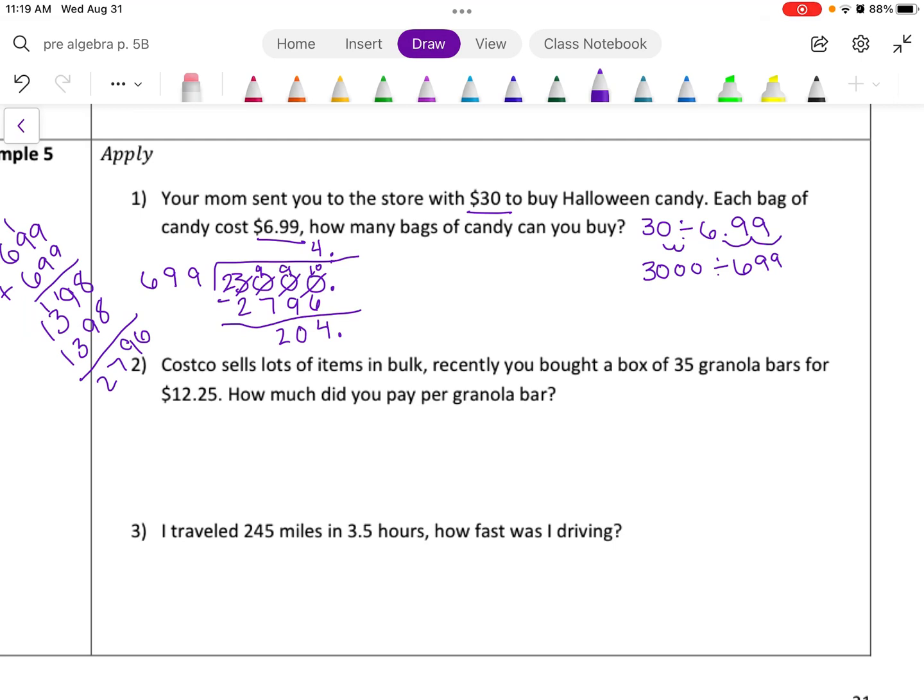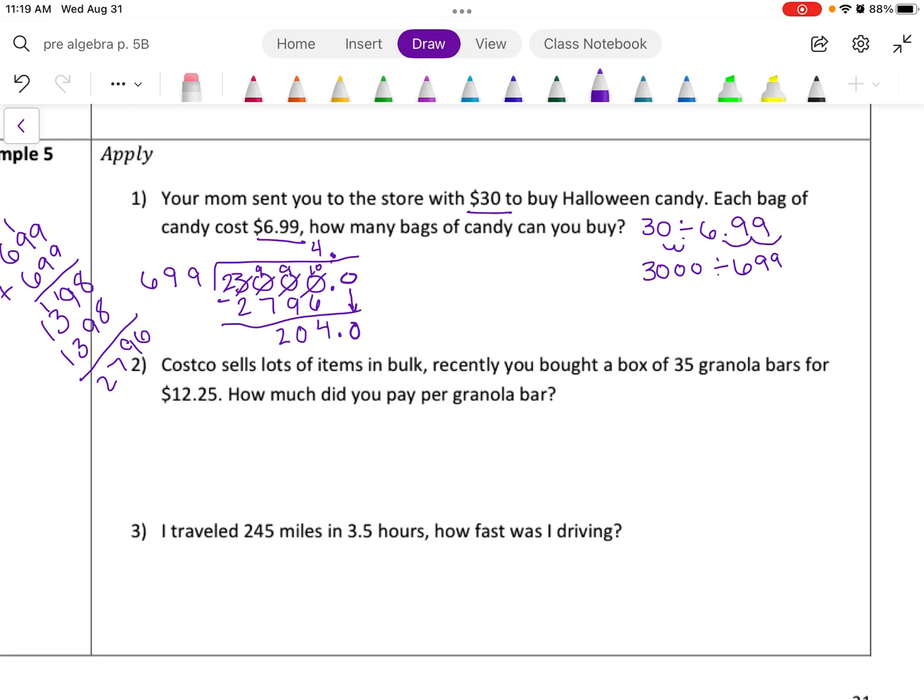Now 699 does not go into this, but notice that if we kept going, it would be after our decimal point. So we would be getting something like 4.3. Can you buy 4.3 bags of candy? Like, you're gonna go to the store and they're gonna let you buy a third of a bag of candy?